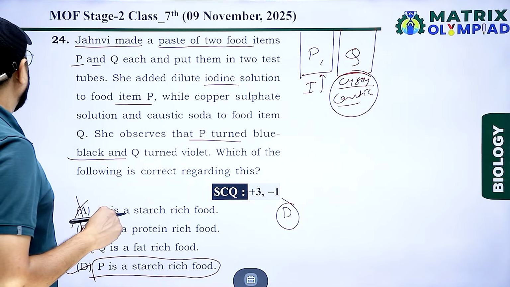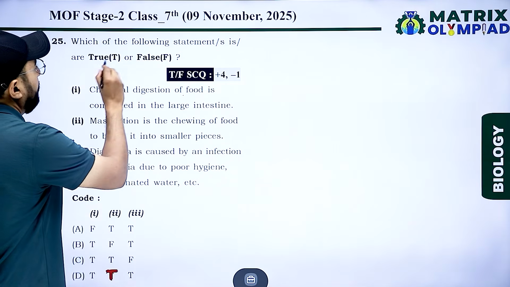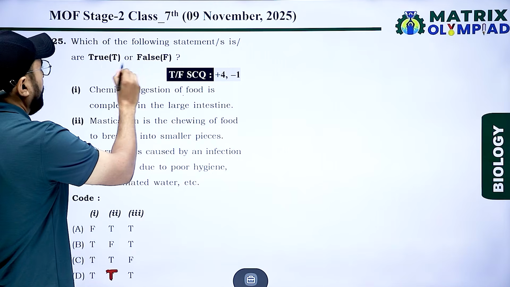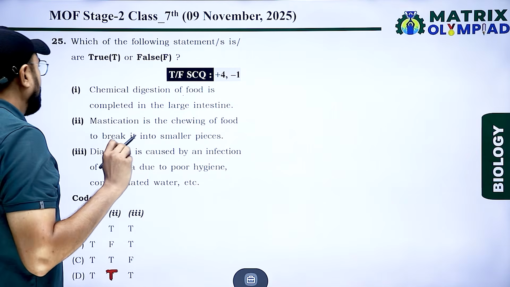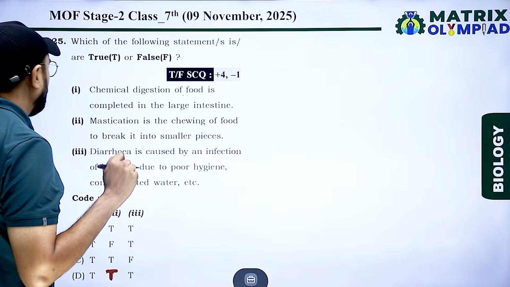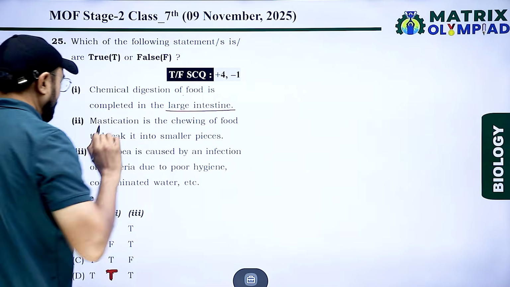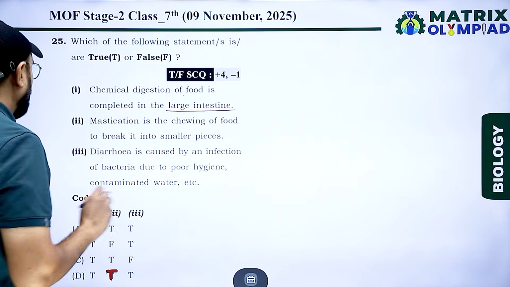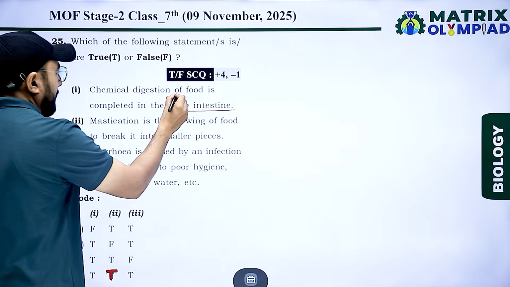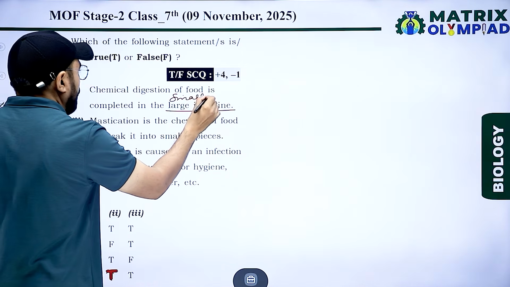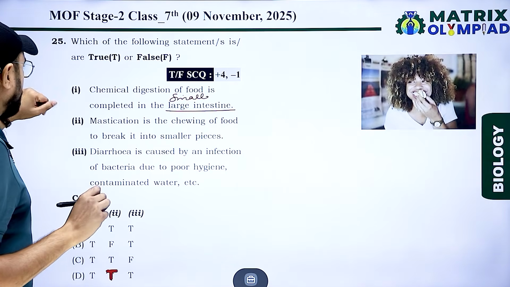Next, which of the following statements are true or false? First, chemical digestion of food is completed in the large intestine. That is false, because complete digestion happens in the small intestine. So, wrong statement.